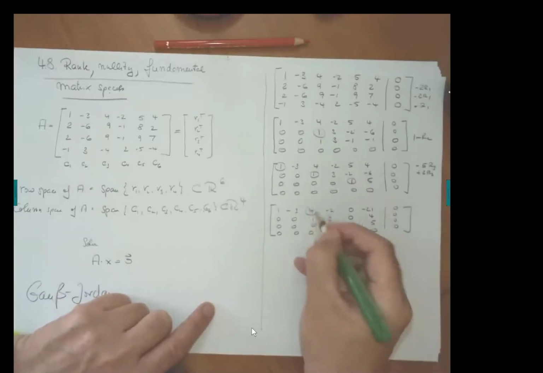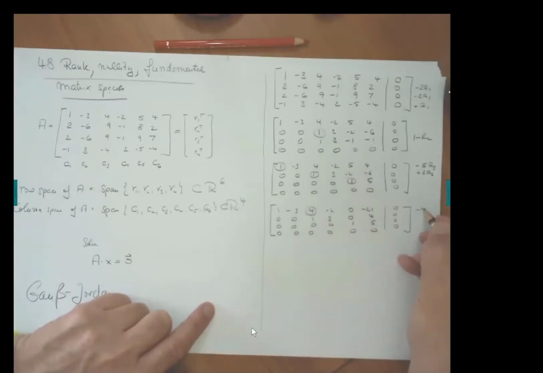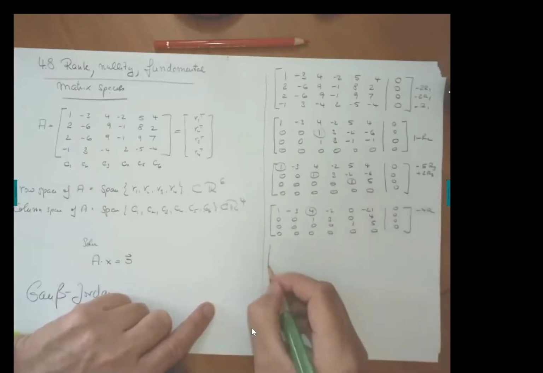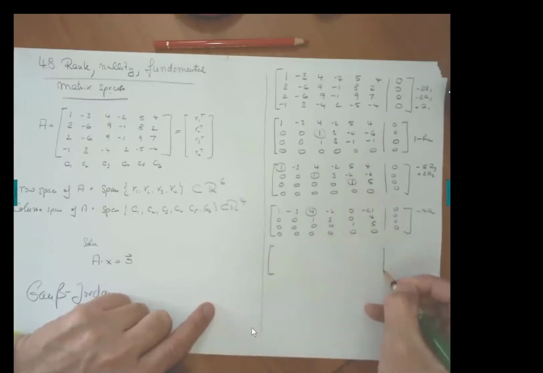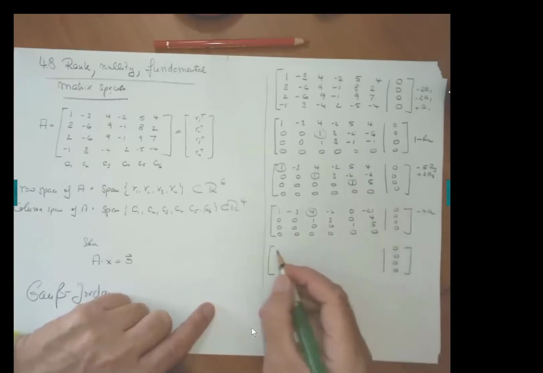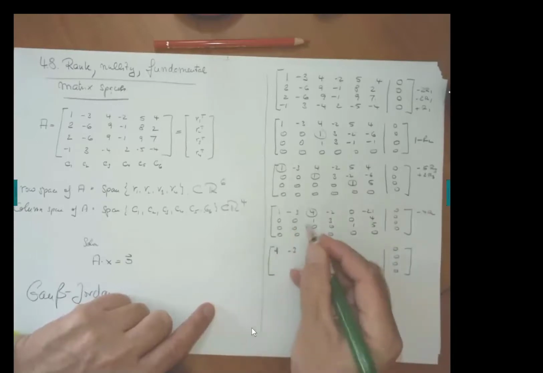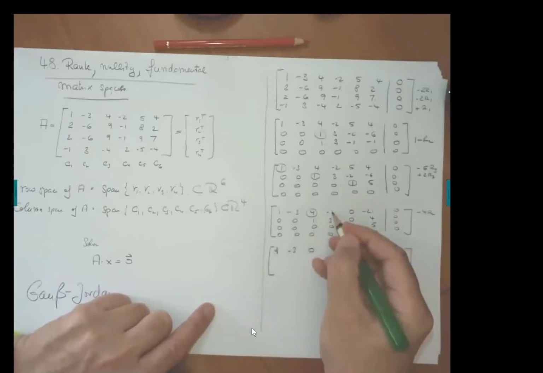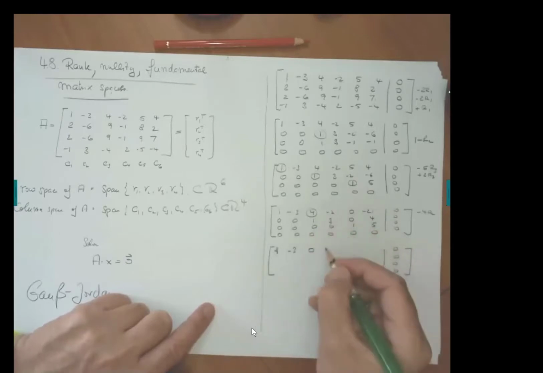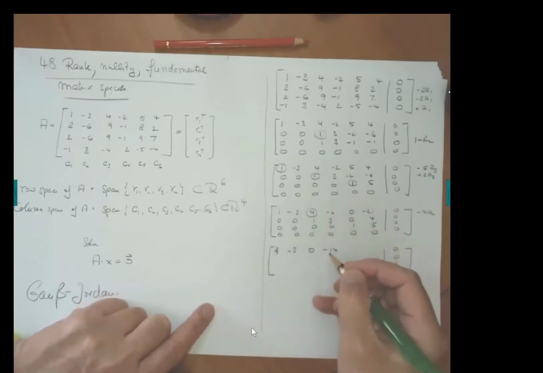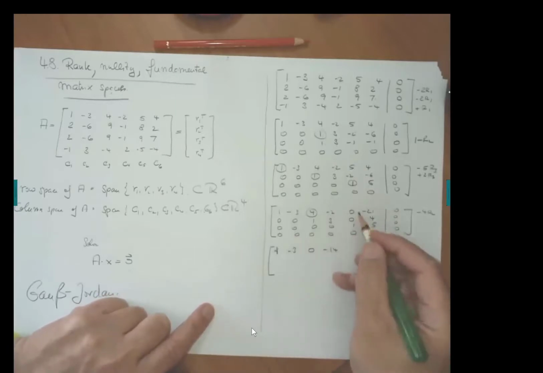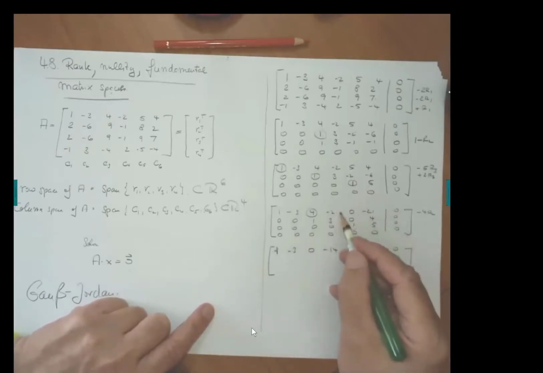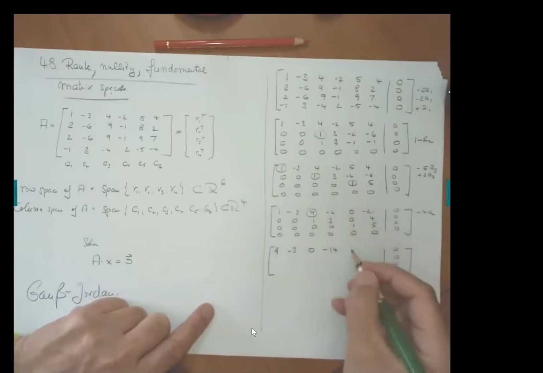And finally, we have to eliminate this guy, minus 4 times row 2. So we have 1, minus 3, 0, minus 2, minus 12 is negative 14. This minus 0 is already 0.